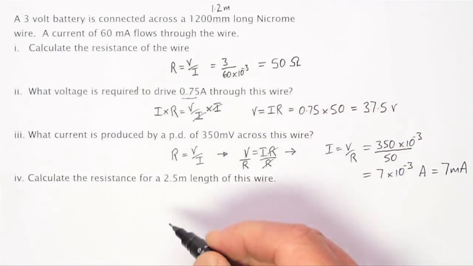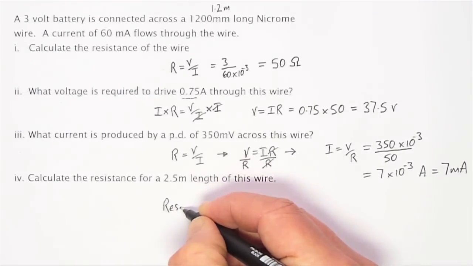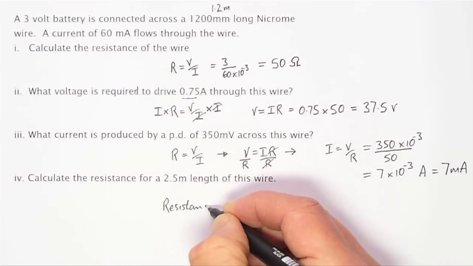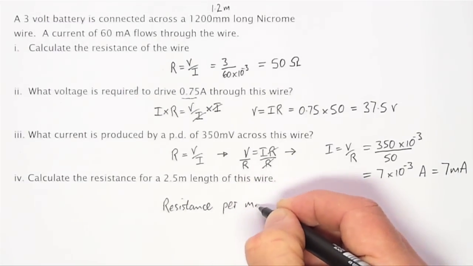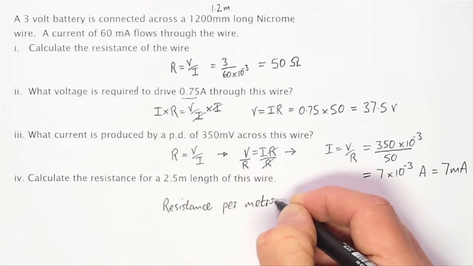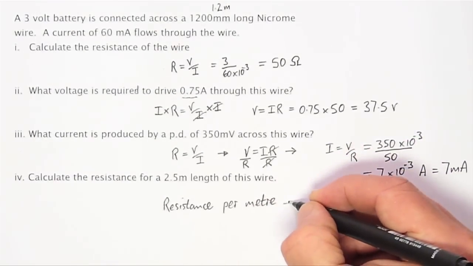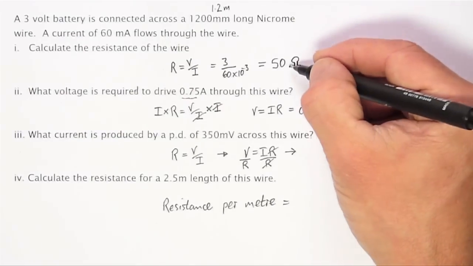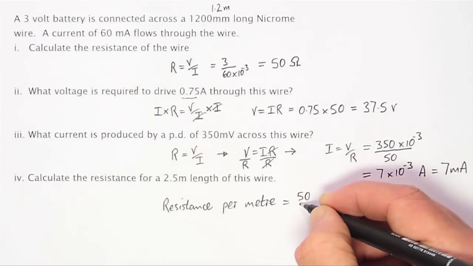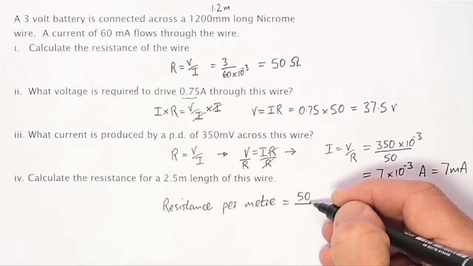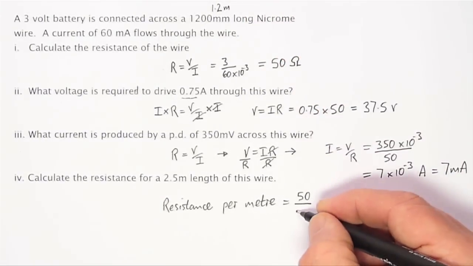Now in physics we often say that is the resistance per metre, where the per means divide by. So the resistance I've got here is 50 ohms, and I need to divide by the length for the 50 ohms, which is 1.2 metres.